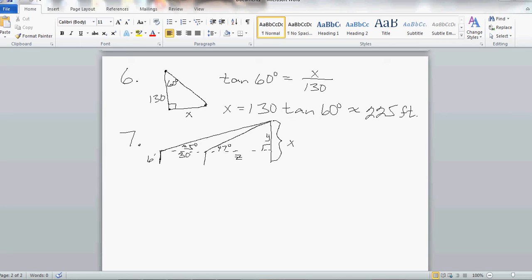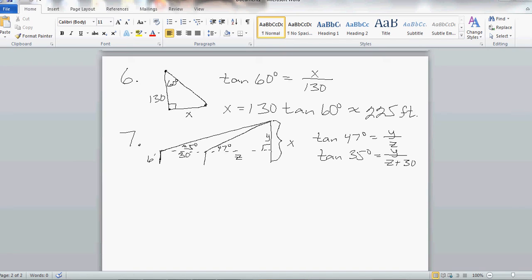So if we look at this small triangle, we know that the tangent of 47 degrees would be y over z. But if we look at this bigger triangle here, we would know that the tangent of 35 degrees would equal y over z plus 30, because we have this whole length at this point right here. Now what we want to do is find what y is.